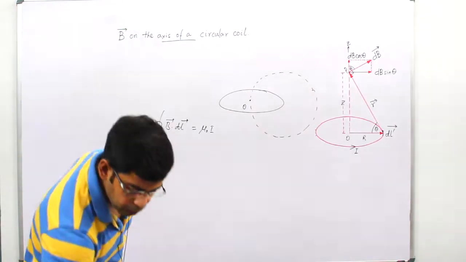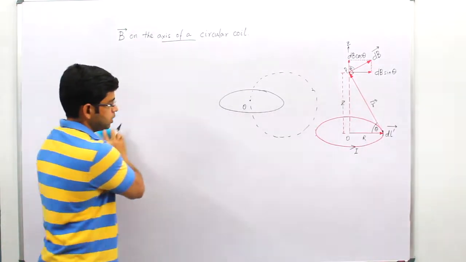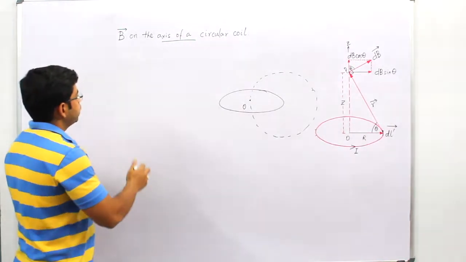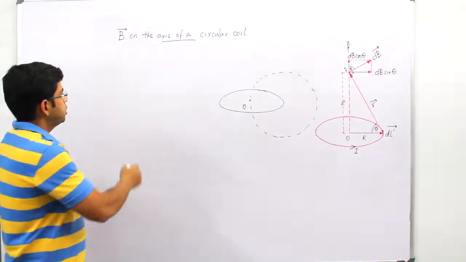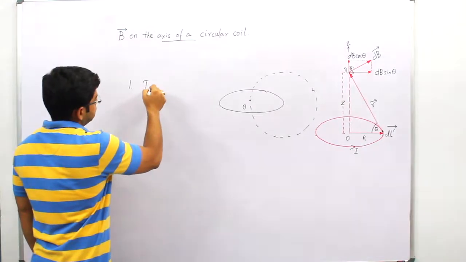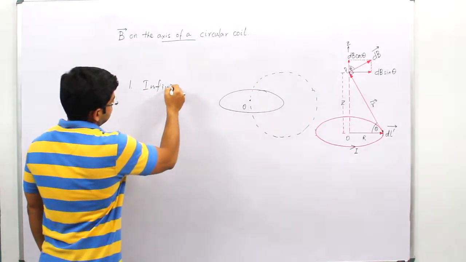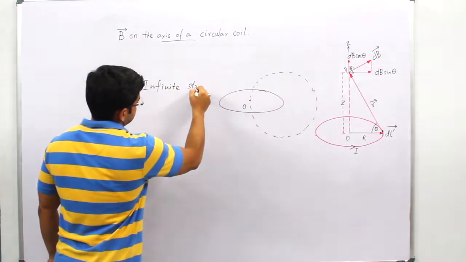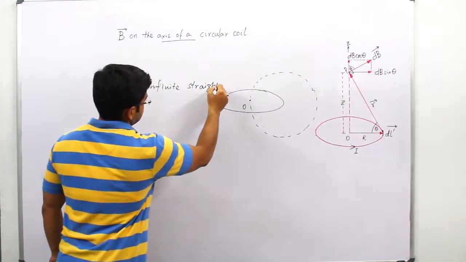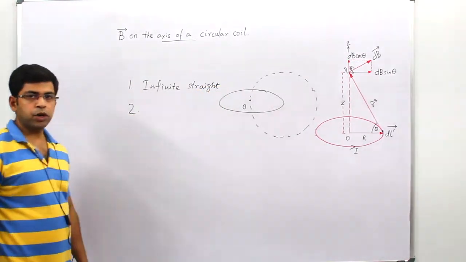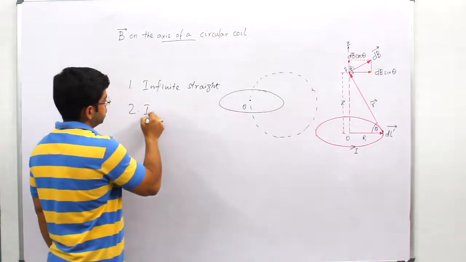Ampere's law can be applied only to very symmetrical cases. Particularly, we have 4 such cases. One is for an infinite straight conductor. The second one is for an infinite plane sheet.